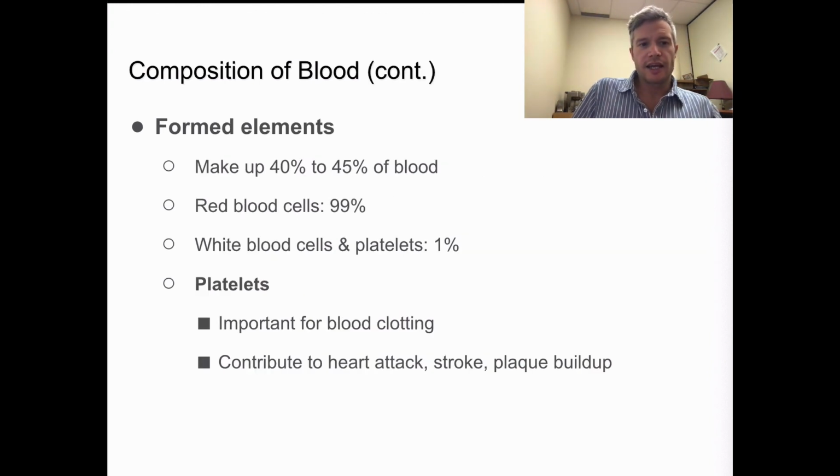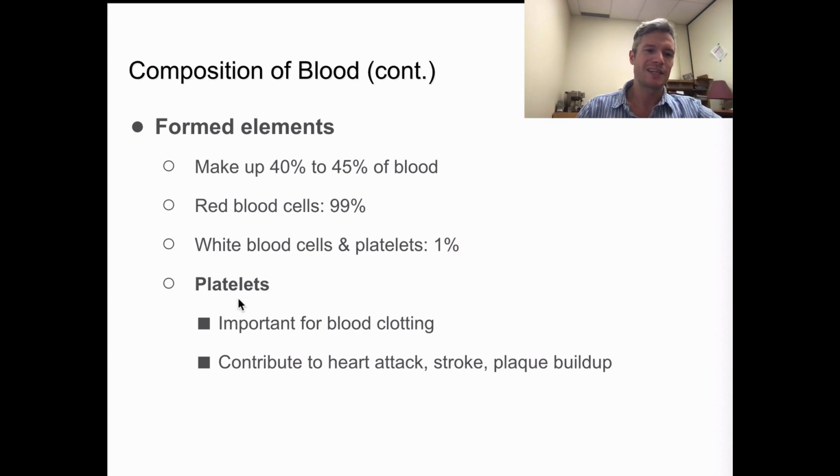All right, and I already started speaking to this a little bit, but the formed elements in blood. So a large part of it is platelets. So platelets are important for clotting our blood if we get cut. They are quite large molecules.